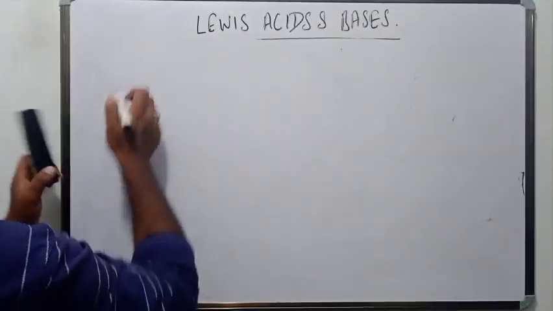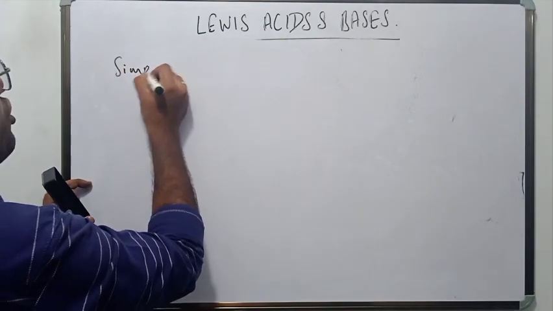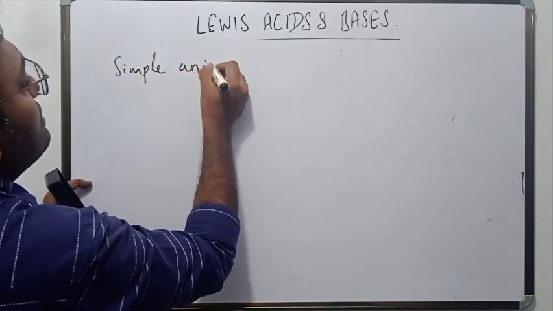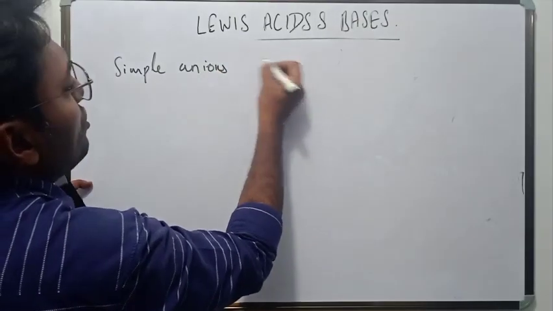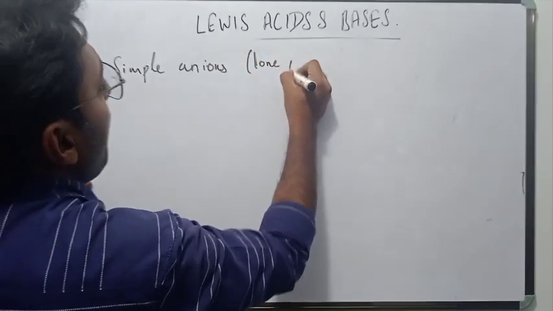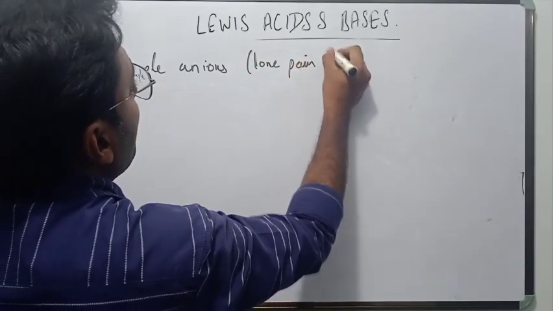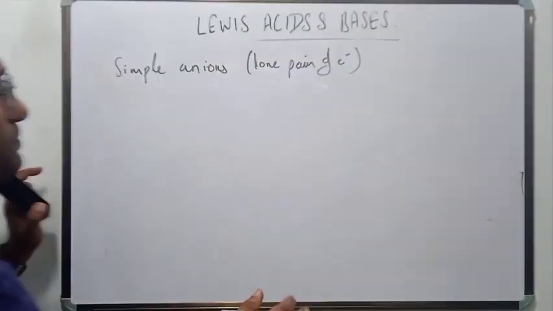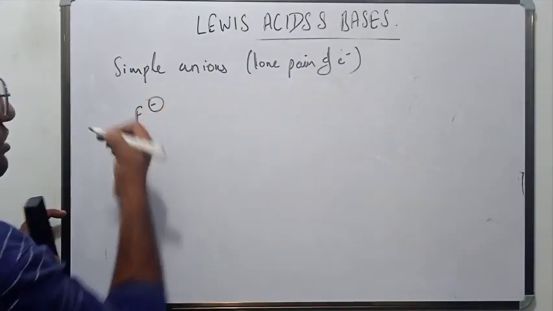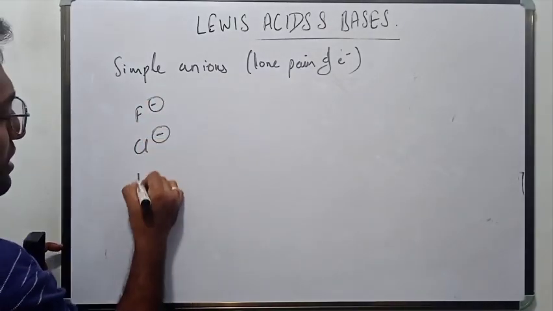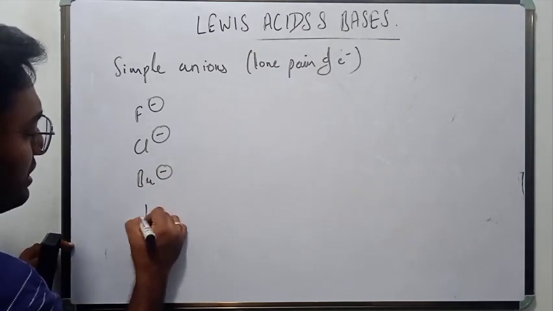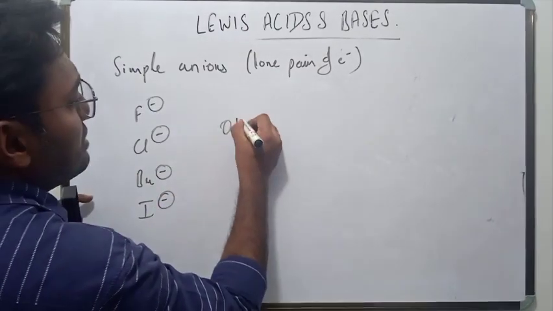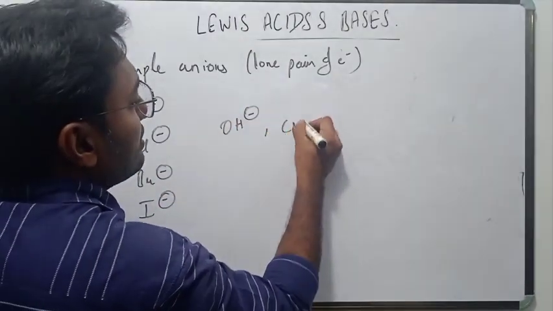Simple anions that have a lone pair of electrons. These are very simple anions. See, F-, it has a lone pair of electrons. Cl-, Br-, I-, OH-, CN-, even H-.